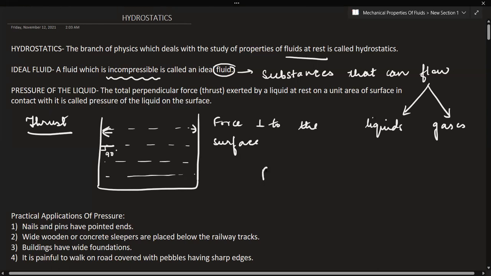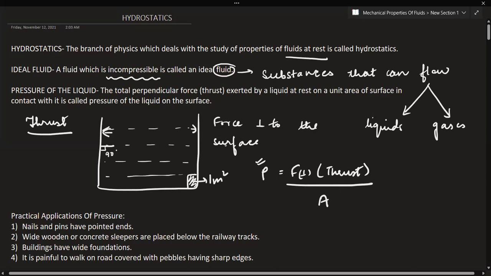Means this perpendicular force, or we can simply say thrust, acting per unit area, means in 1 meter square, the total force acting in the perpendicular direction or normal to the surface of the container, that force per unit area is known as pressure. Is it clear?